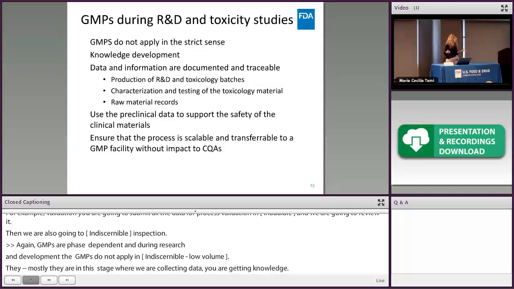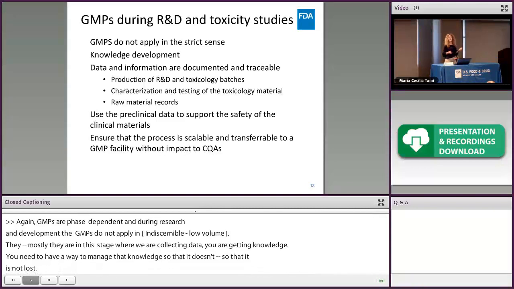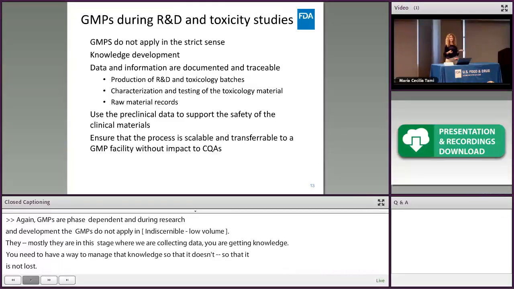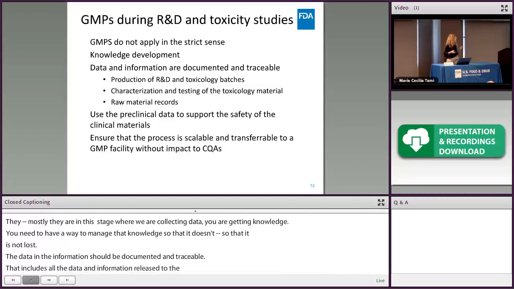And so the data and the information should be documented and traceable, and that includes all the data and information that relates to the production of the development lots, of the toxicology lots, the characterization and testing of these toxicology lots, as well as records of the raw materials that were used during these stages.